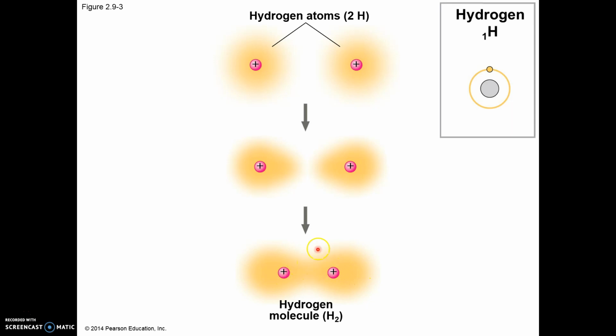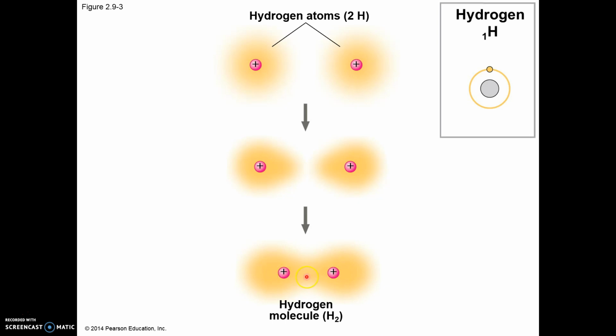Okay, there is a little bit of flexibility there, but typically it's a shared space. Now, once we do this, recognize that this atom, or this nucleus, is considering both electrons, its original own, and the other one to be its own, and vice versa.